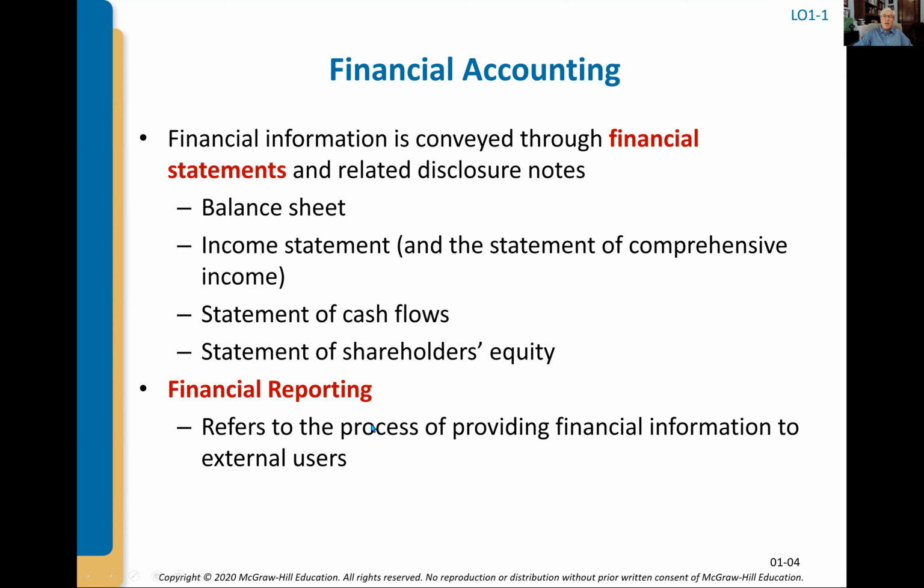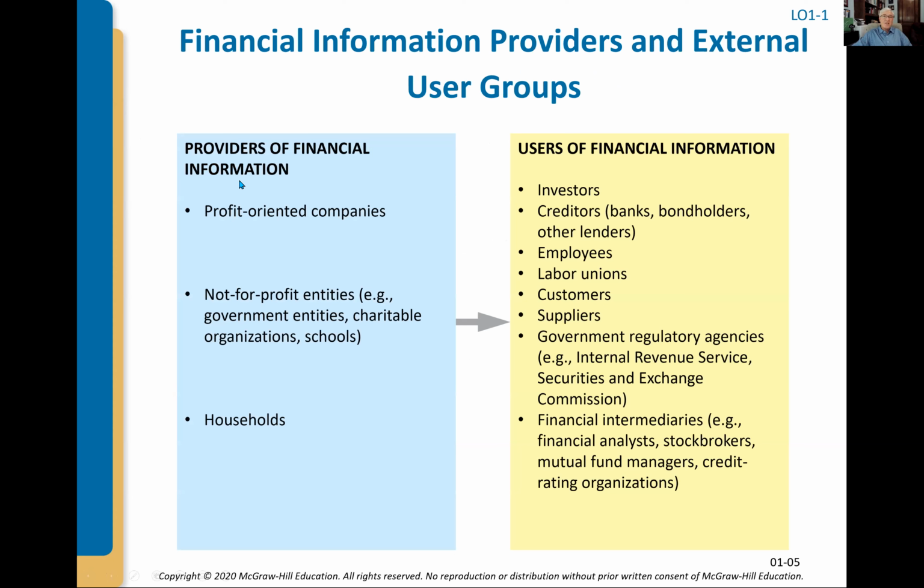And so financial reporting is nothing more than the process of providing the financial information to external users, versus management accounting, which is for internal users. All right, so providers of financial information, this is important if you want to be an accountant. All these providers, they need accountants, right? Hey, profit-oriented companies who are selling things to make money for their owners and to create jobs maybe as well.